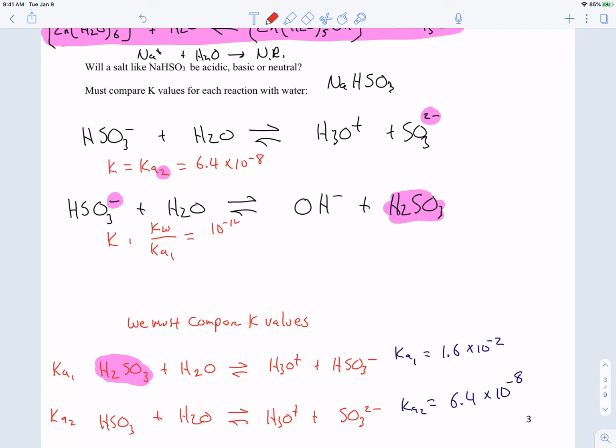So 10 to the minus 14. Here's our Ka1. We just looked that up in the textbook. That's 1.6 times 10 to the minus 2. All right, again, we're going to compare the two K values. This comes out to be 6.3 times 10 to the minus 13.